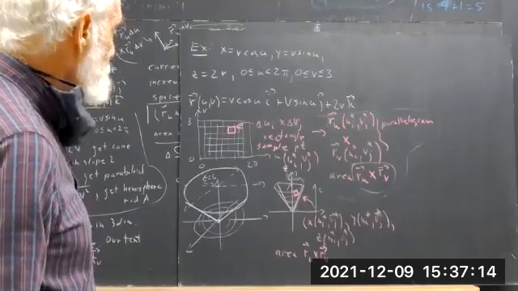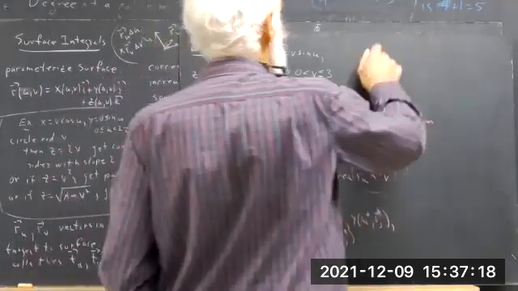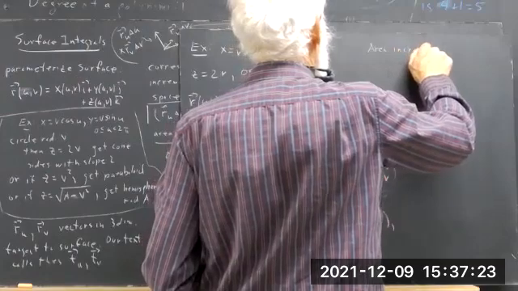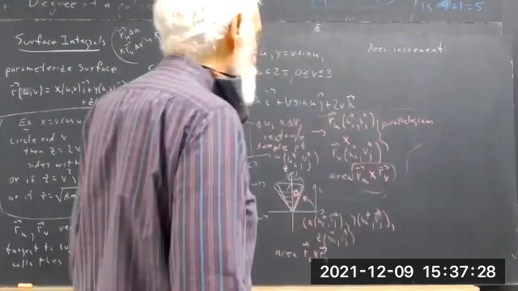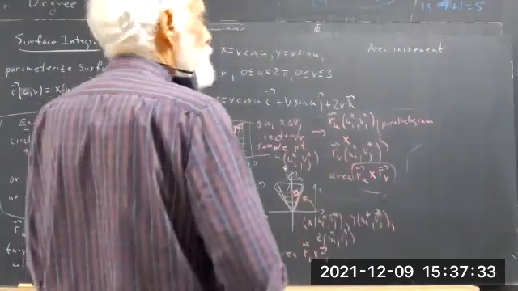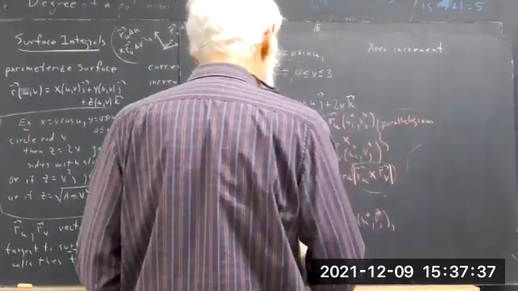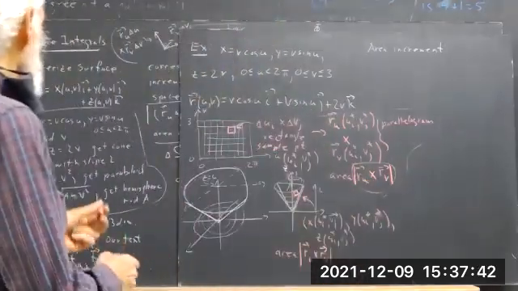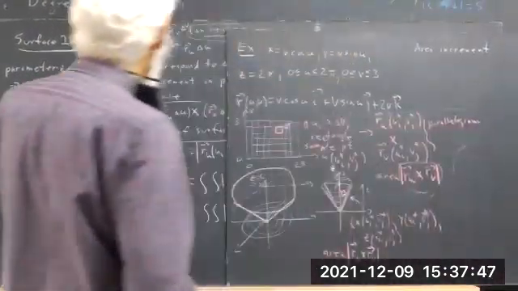Okay, so the area increment, and when I say the area is this, I mean the area is the magnitude of this. RU cross RV is a vector. And we sketched it schematically right here.